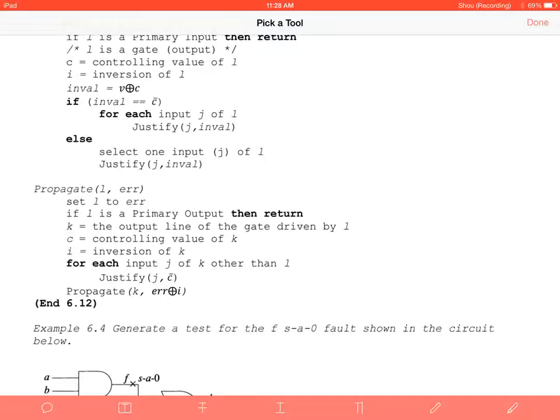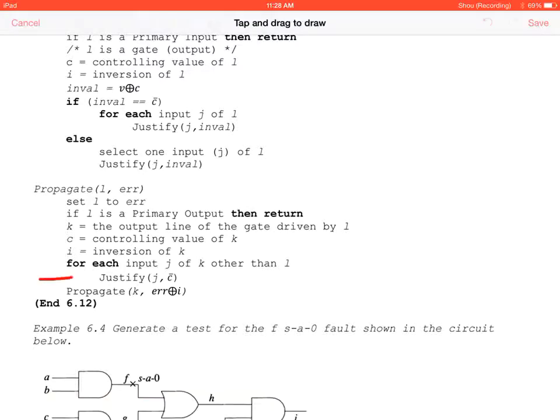So once we move on to the next gate, we have to justify that all the other inputs that we've determined still work. And then once we've done that, then we can propagate the error.